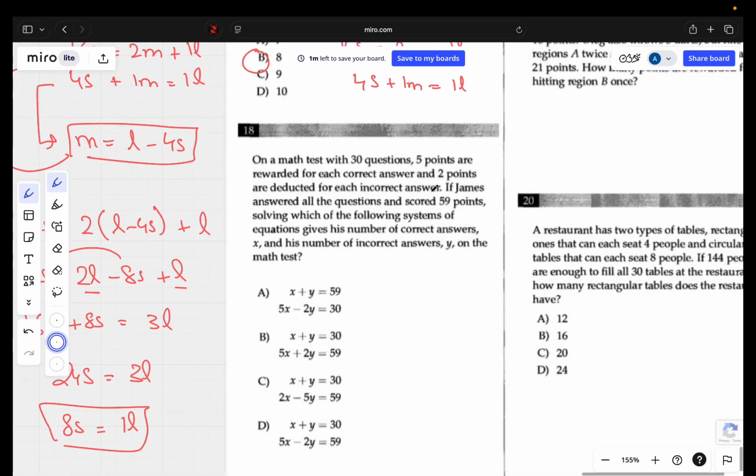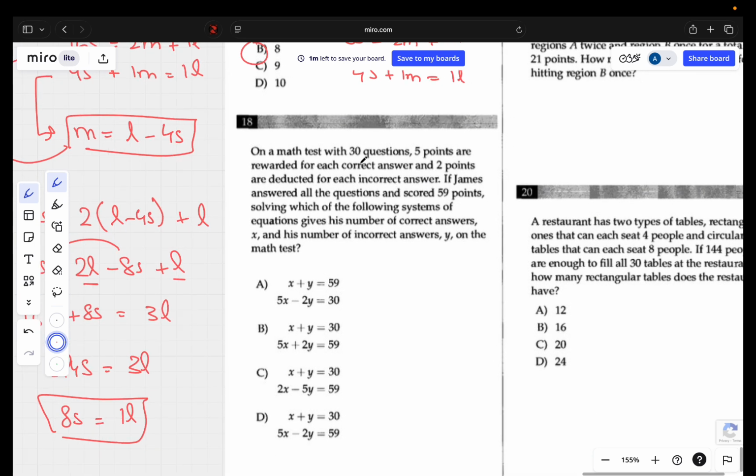Question 18. It says we have a test with 30 questions. 5 points are rewarded for each correct answer, and 2 are deducted for each incorrect. James scored 59 points, and x is the number of correct answers, y is the number of incorrect answers, and we need to find the equation. So in total there are 30 questions, so x plus y equals 30.